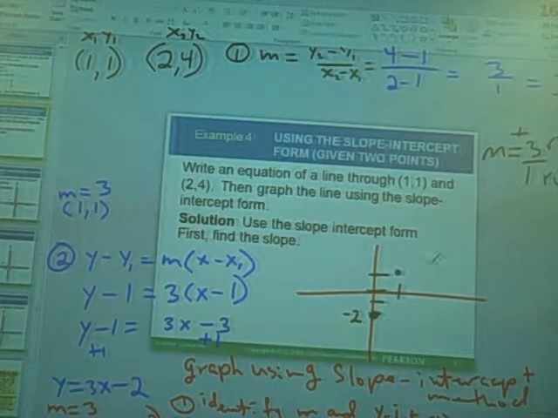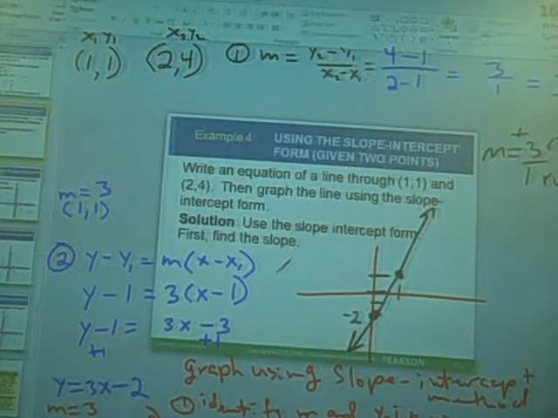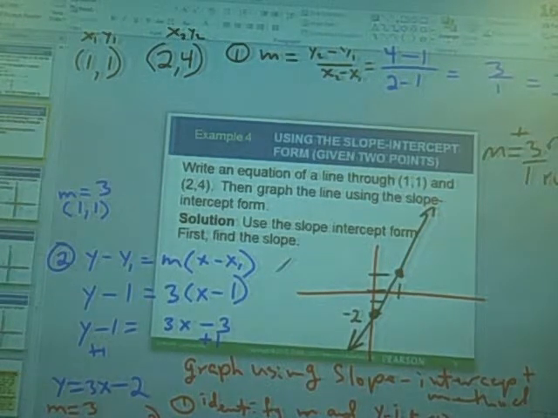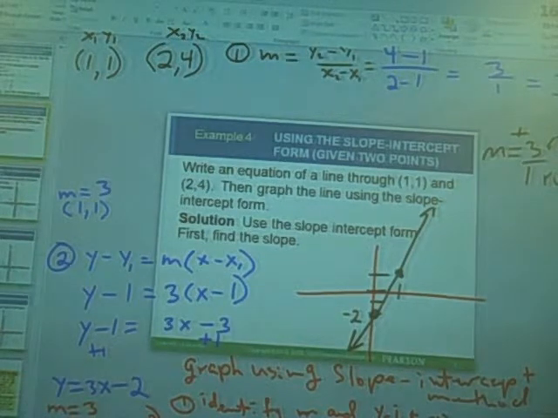And then we're going to connect. Step 4, we're going to connect the points. We're going to draw our line through those points. Okay? And that's our slope-intercept method of graphing a line. Alright, questions with that?